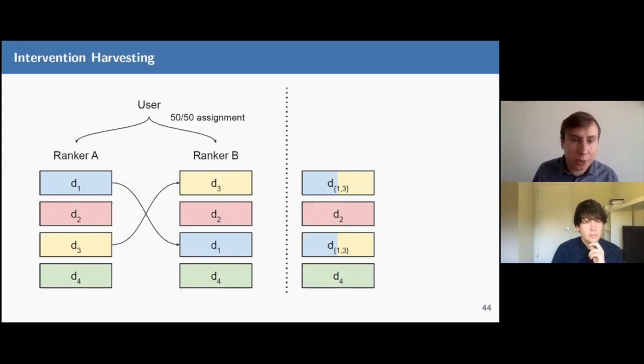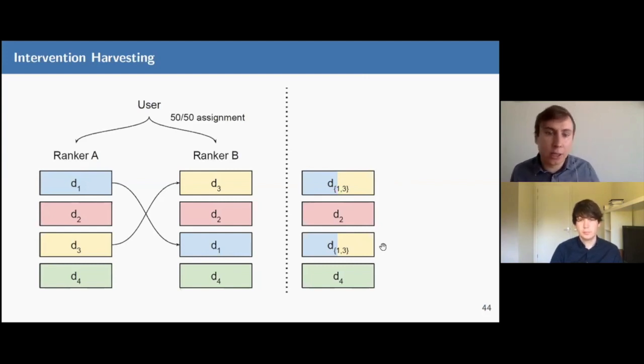What we can get out of this data is we can observe that on rank 1, we've seen documents 1 and 3, and on rank 3, we've also seen documents 1 and 3. So we can say something about the relative position bias between rank 1 and rank 3, similar to how we would do this random pair experiment in the same vein.